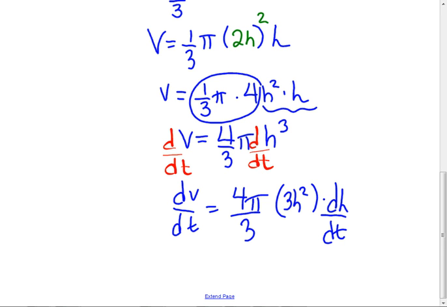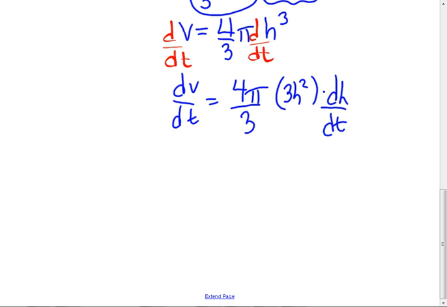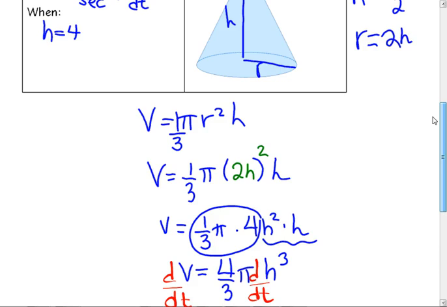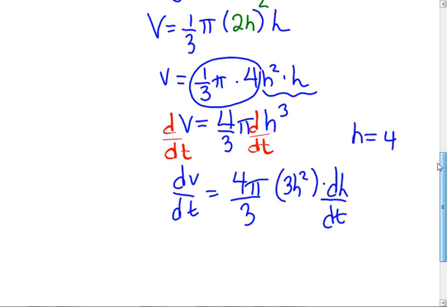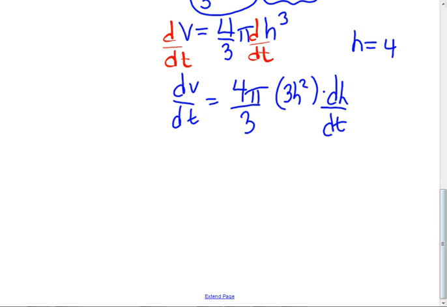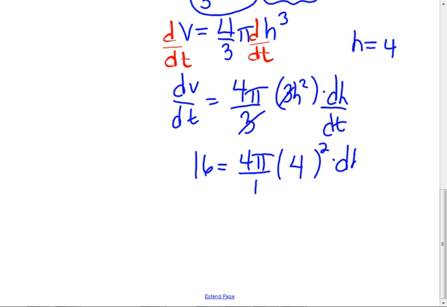Calculus is done. All I have to do is simplify that, put numbers in, and solve for whatever I'm looking for. What am I looking for? dH/dt. And H is equal to 4. So what's dV/dt? 16 equals 4 pi over, oh wait, what happens to the 3's? Let's get rid of them. So it's 4 pi over 1, and it's H squared, so it's 4 squared times dH/dt. This is algebra. This is not calculus.